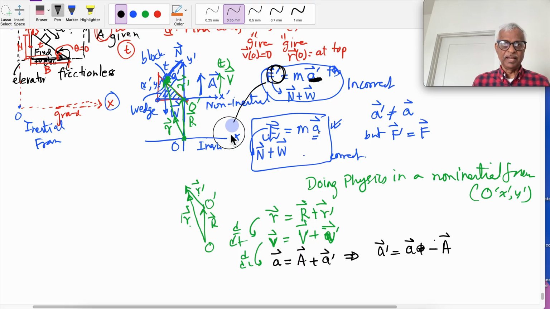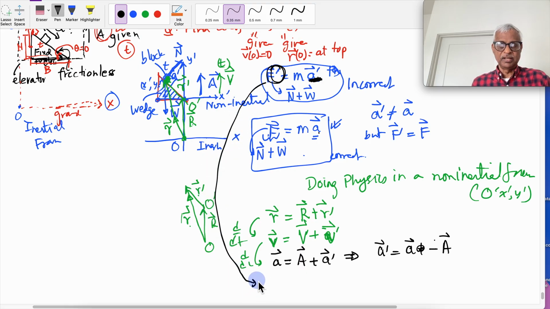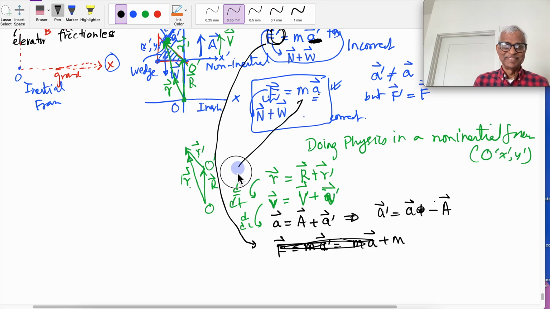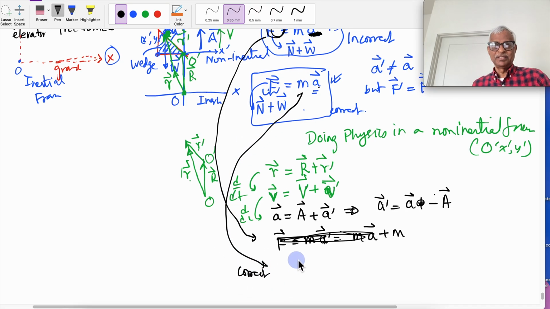To correct that, I should be able to write F equals mass times A prime, but this A prime is mass A plus... don't start from there, start from here, because this is the correct one. So we start with the correct one.